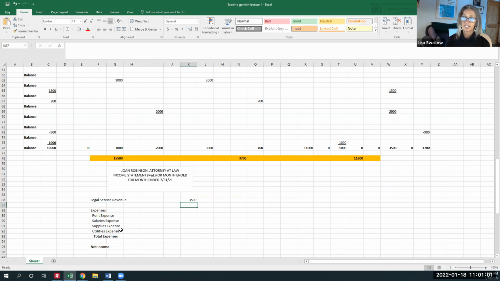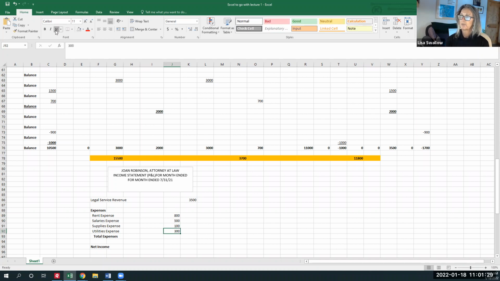Then my rent and your expenses go in alphabetical order. So you start with the subtitle of expenses, and then I'm going to put those in the column here and then pull them over to the right. So my rent expense was 800. My salaries expense was 500. My supplies expense was 100, and my utilities were 300.